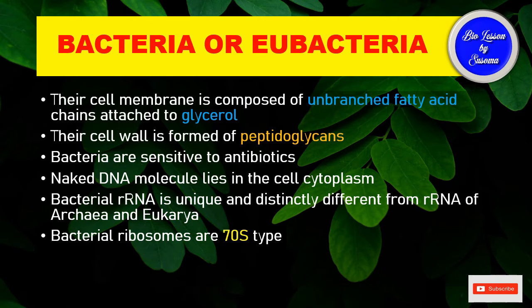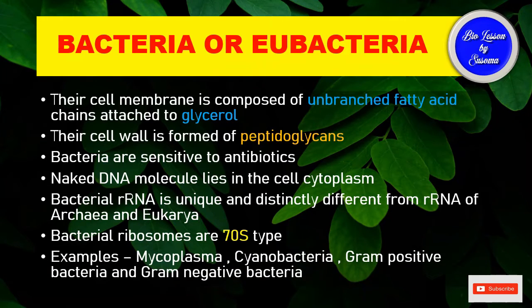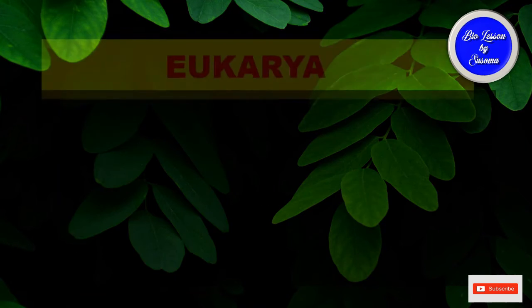Bacterial ribosomes are 70S type. Now 70S type ribosomes are found in the prokaryotes. These are smaller ribosomes and made up of two subunits, 50S and 30S. And examples of bacteria are Mycoplasma, Cyanobacteria, gram-positive bacteria and gram-negative bacteria.